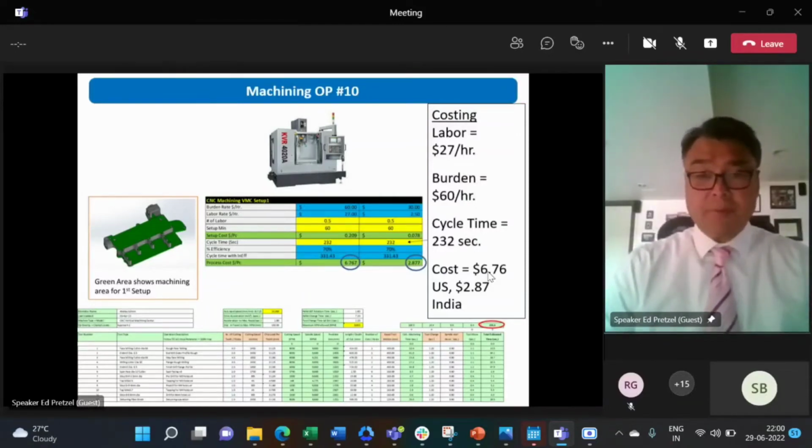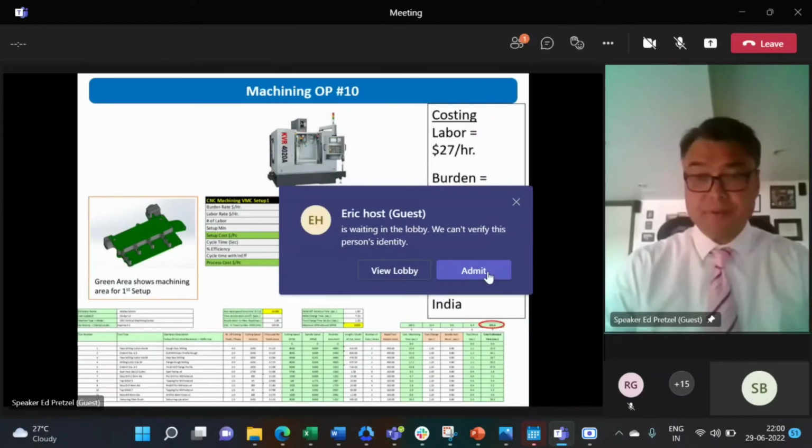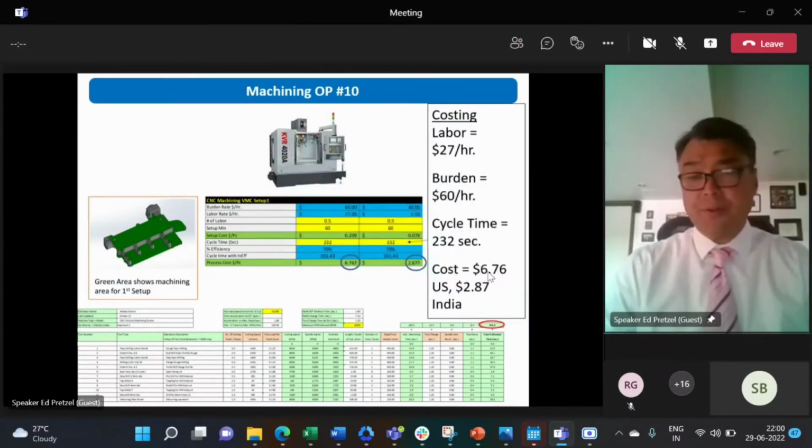The cycle time to produce this is 232 seconds, but with the efficiency factor of 70%, so we're 30% inefficient, that is going to go to 331 seconds. And so the cost in the United States is $6.77. And in India, that cost is $2.88.